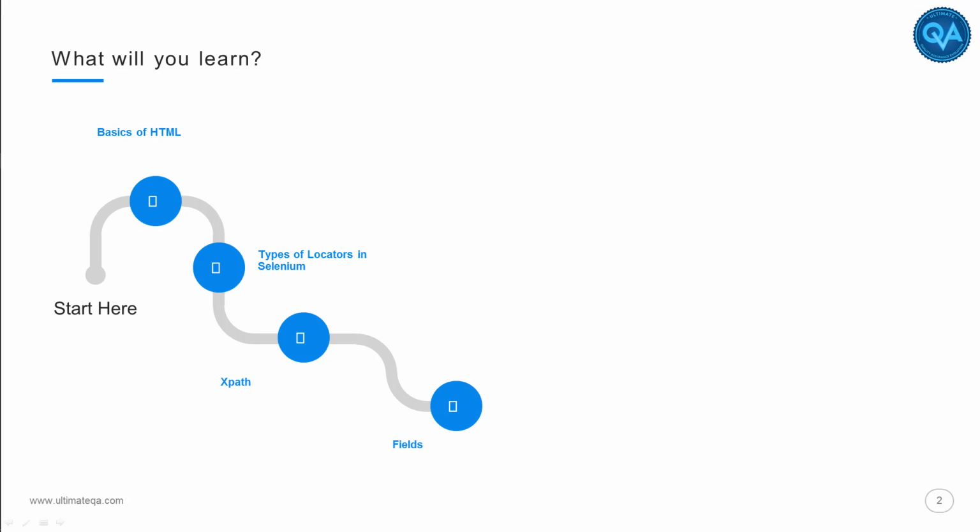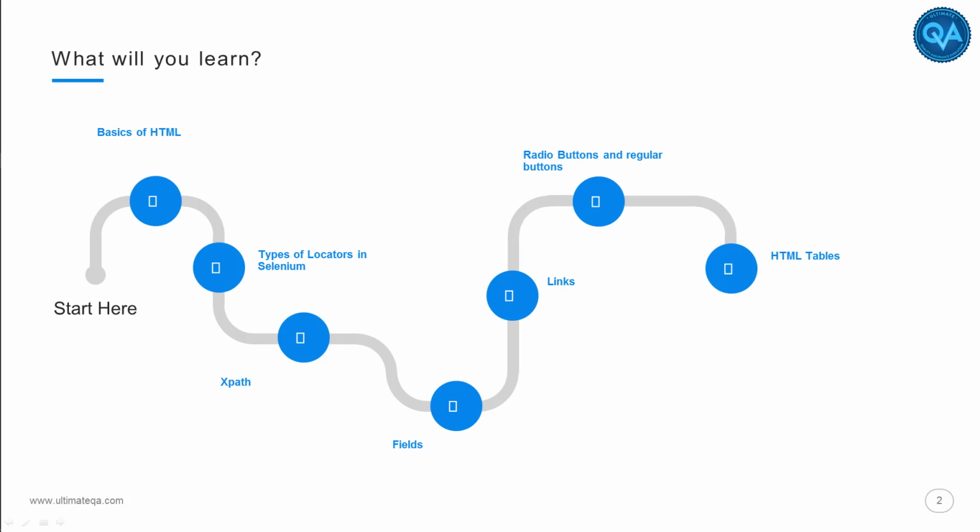After we learn all of those fundamental principles, we're actually going to start identifying elements and working with them. We're going to start that off by learning how to work with fields. We're going to learn how to work with links, radio buttons and regular buttons, and of course, one of the most complicated and annoying topics in the world for test automation, HTML tables.